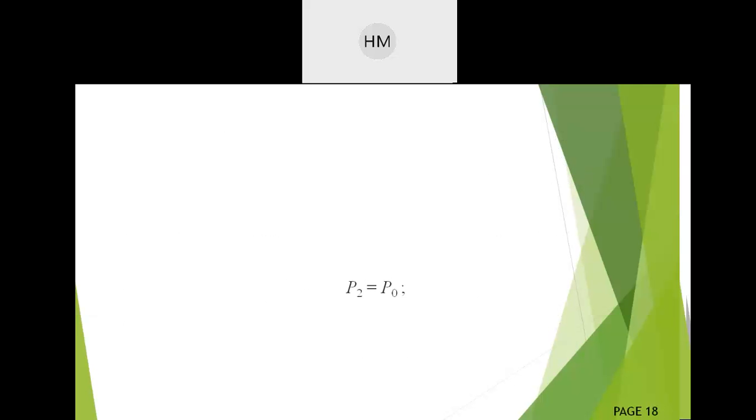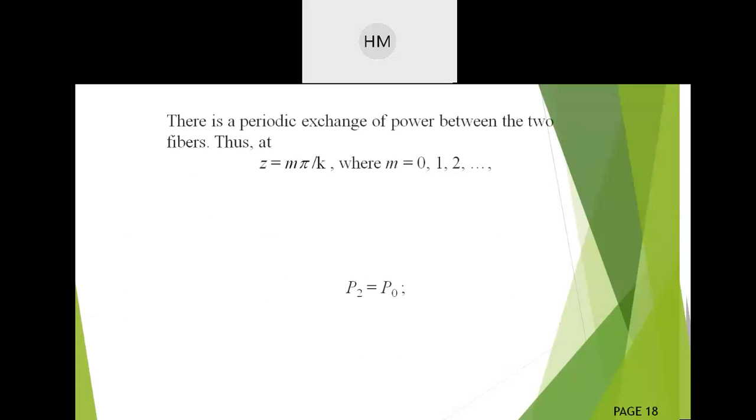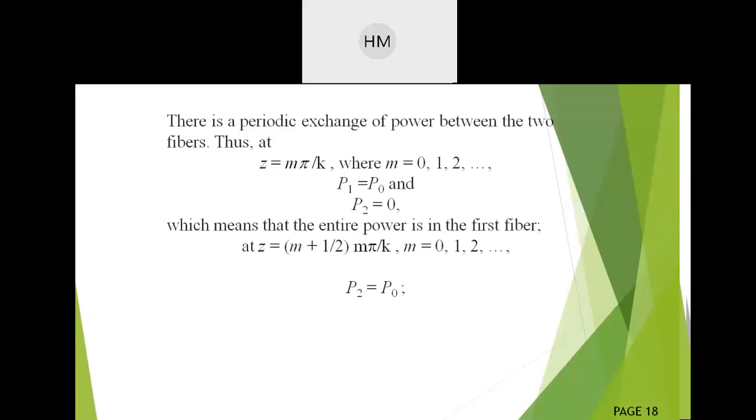So next, in continuation with this, there is a periodic exchange of power between the two fibers. Thus, this periodic exchange length is given by Z is equal to M pi by K, where M is 0, 1, 2 and so on.